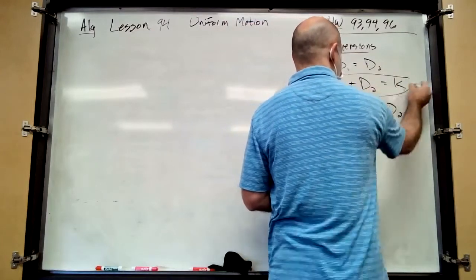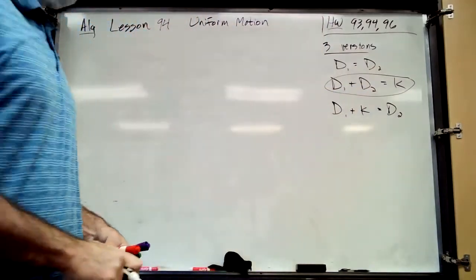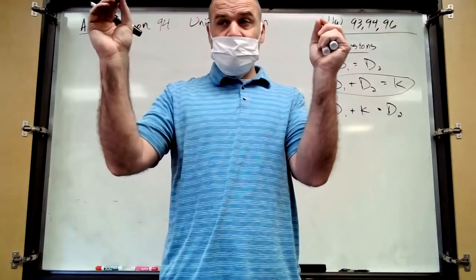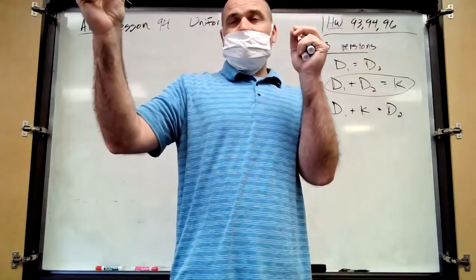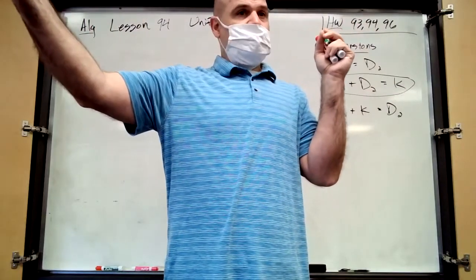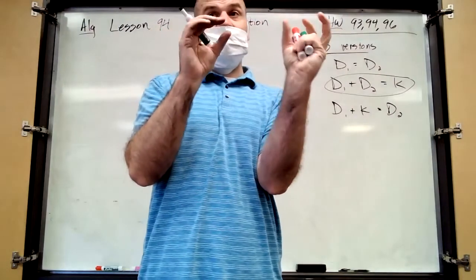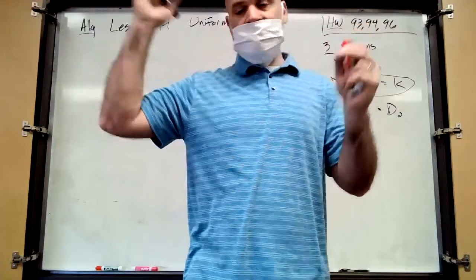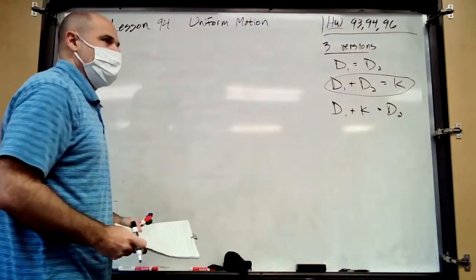But today we're just going to talk about this scenario, where two trains leave the same station. At what time will they be 100 miles apart? So D1 plus D2, train 1 plus train 2, has to equal 100. Let me give you an example. We're going to do 3 examples and then we'll call it a day.